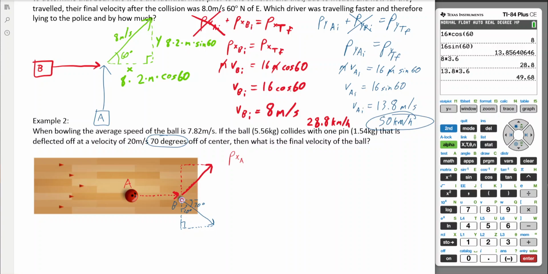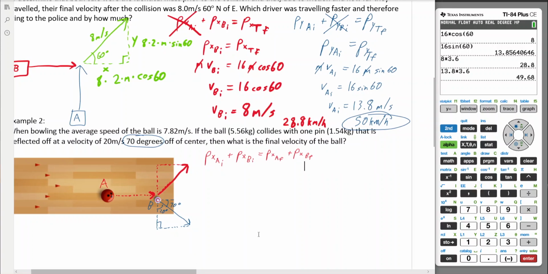So PXAI plus PXBI equals PXAF plus PXBF. I hope it's not too fast, but we'll see how that is. I think it'll be okay. Otherwise, something weird might happen where the ball comes backwards, but hopefully that doesn't happen. Okay, so anyways, this is the setup for the X direction.